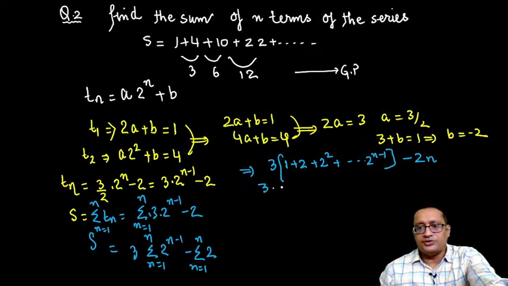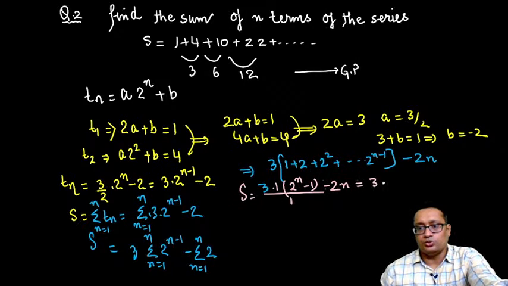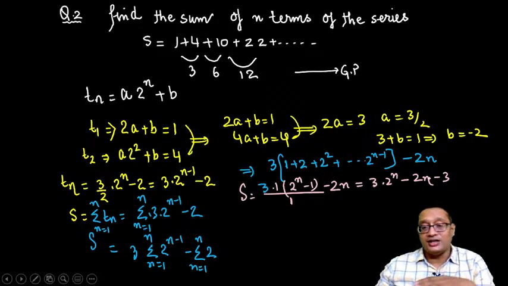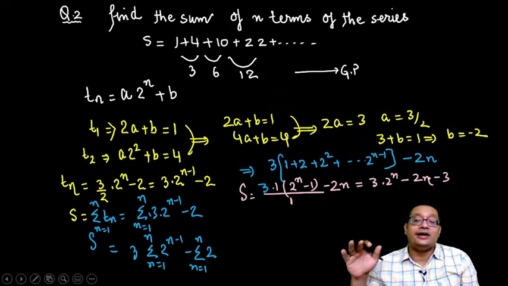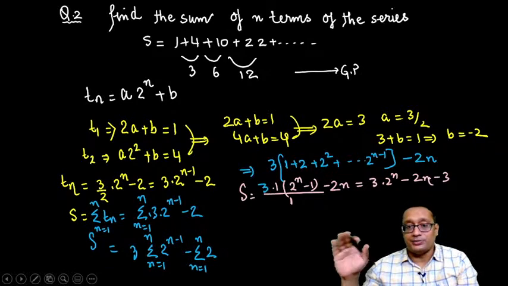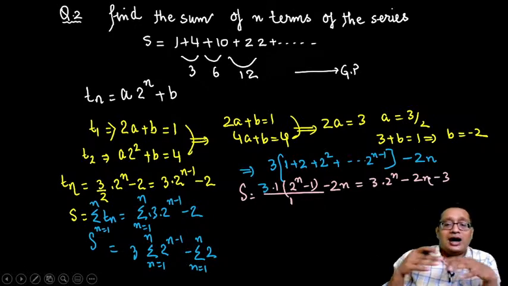So GP sum is 1 into 2 to the power n minus 1 upon 2 minus 1, minus 2n. It means 3 into 2 to the power n minus 2n minus 3 is the sum of the series whose successive terms are in GP. I am not able to write the nth term by seeing the series, but considering Tn is equal to A into 2 to the power n plus B, I am able to write the nth term. Now I will show how I get this formula.